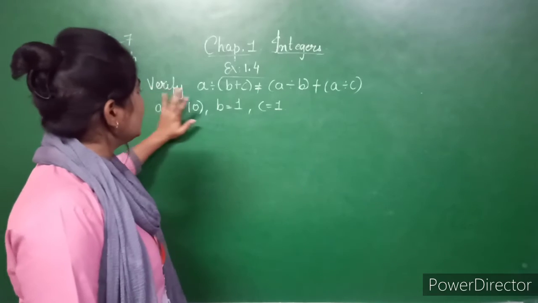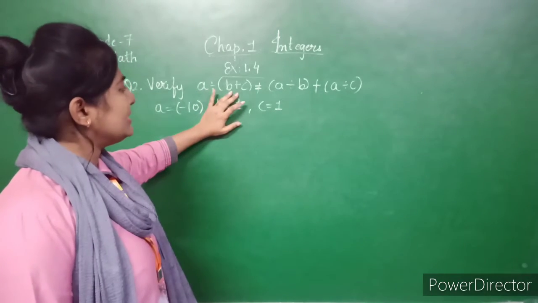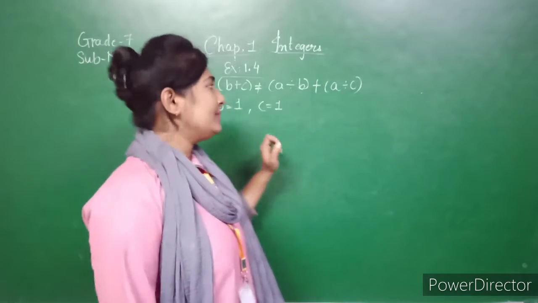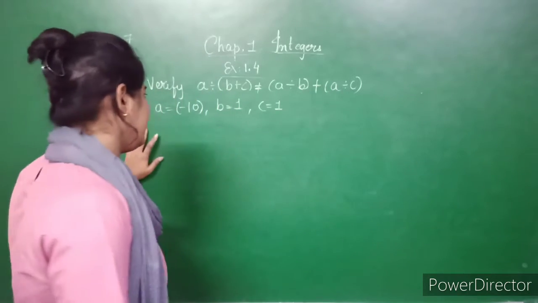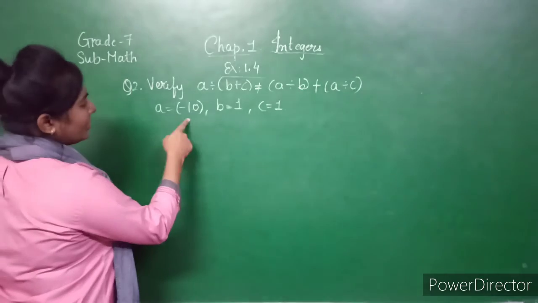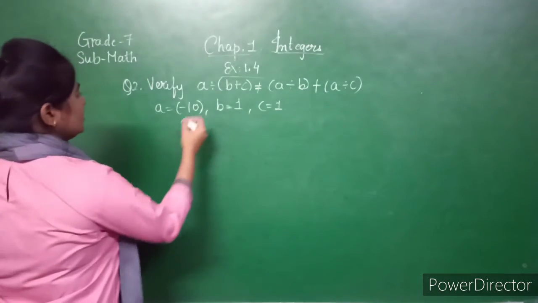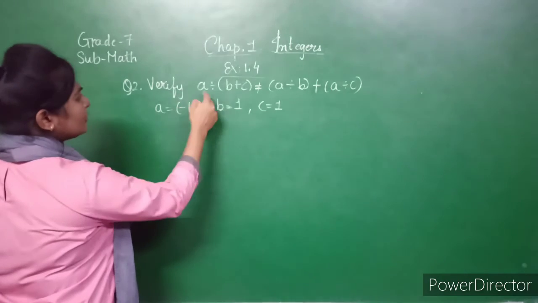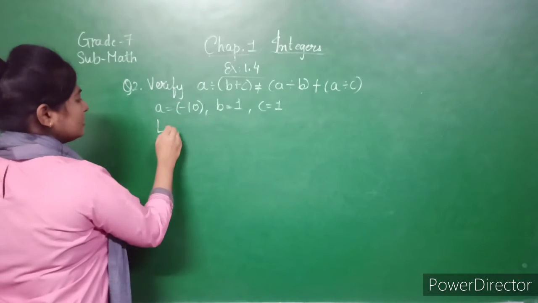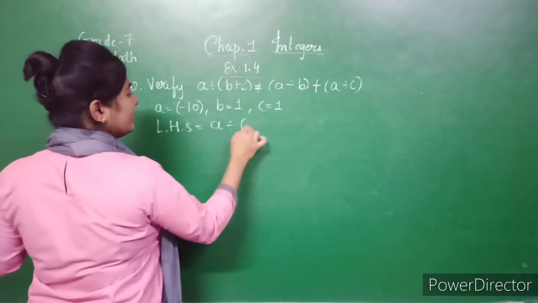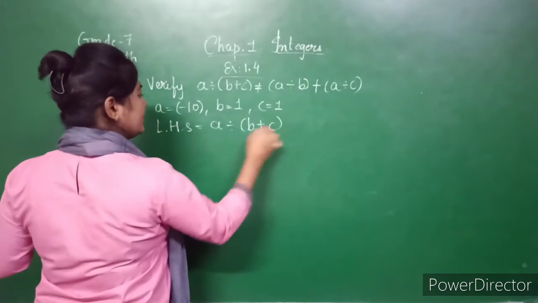So now next question, a divided by b plus c is not equal to a divided by b plus a divided by c. So a is given minus 10, b is equal to 1 and c is equal to 1. So here we have to write first LHS. So LHS equals a divided by b plus c.